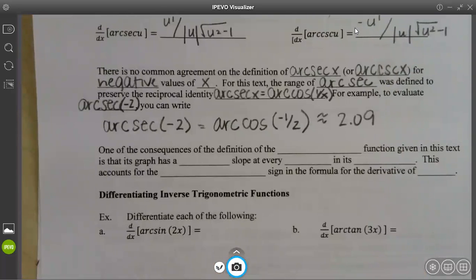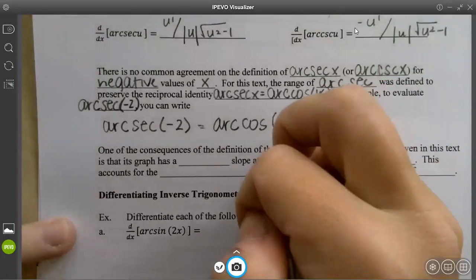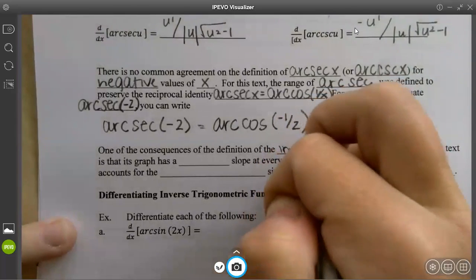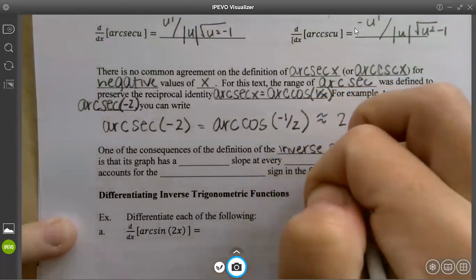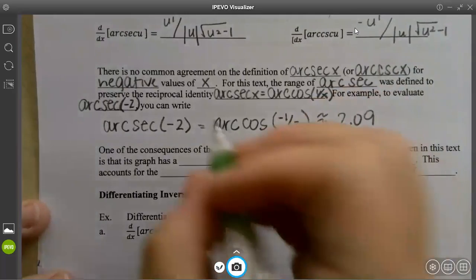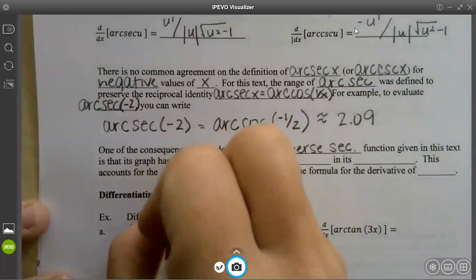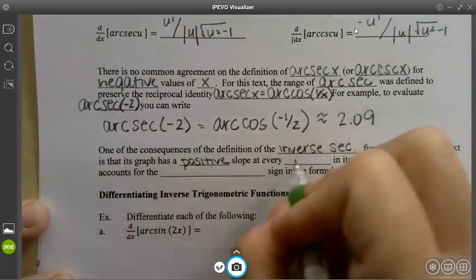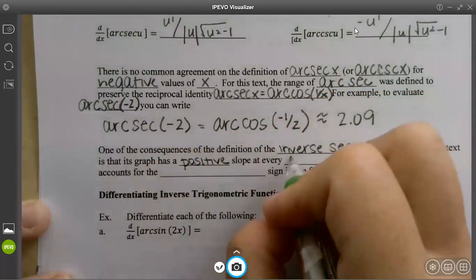One of the consequences of the definition of the inverse secant function given in this text is that its graph has a positive slope at every x value in its domain.